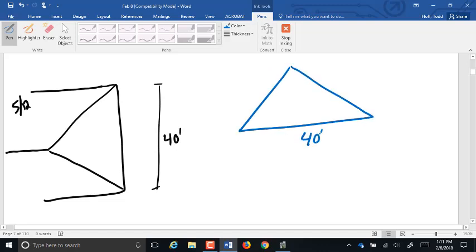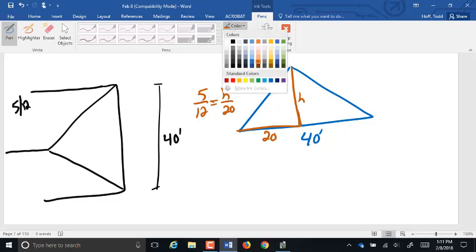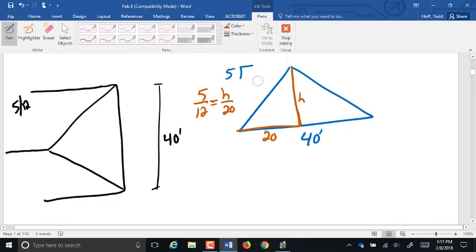You got the common. And then what? Cut this as 20. Perfect. Ignore the fact that my truss is a little non-symmetrical there.